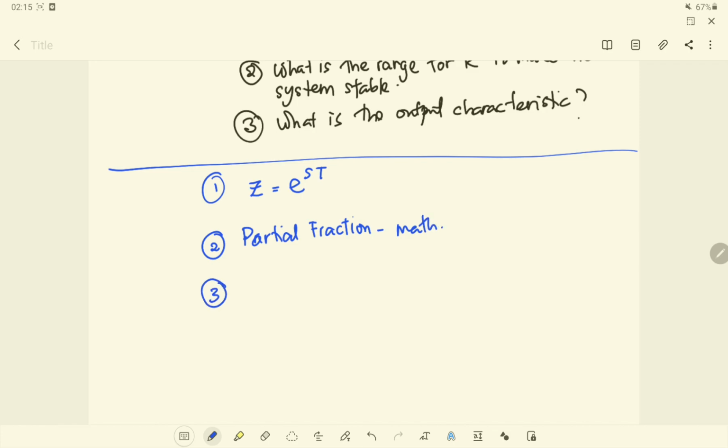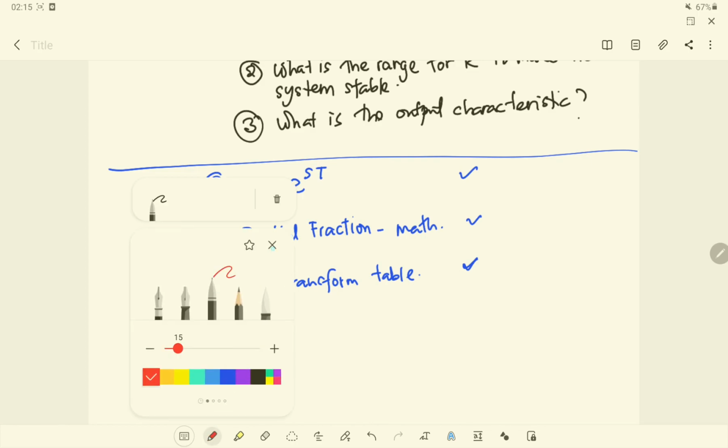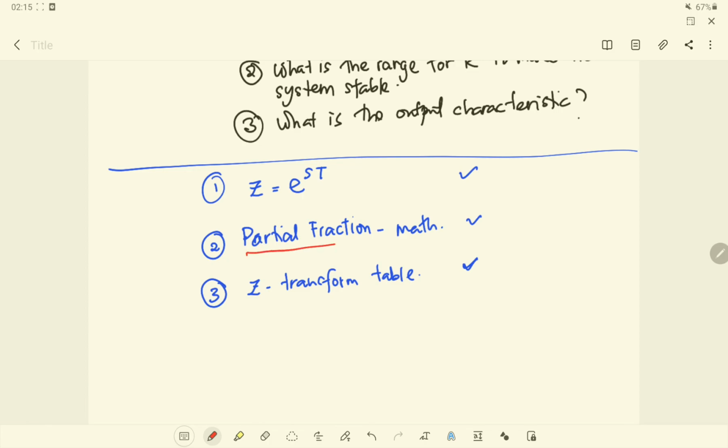And the third, you have to know how to use the Z transform tables. And you also have to know that the relationship between Z and S is Z equals exponent sT.